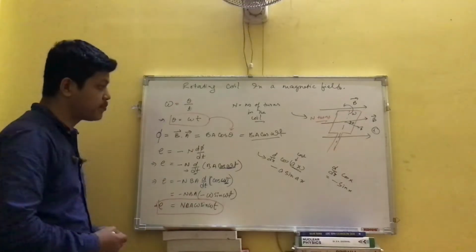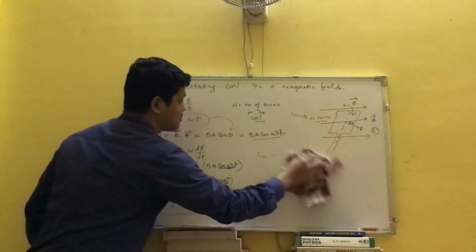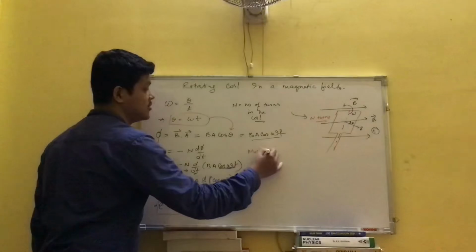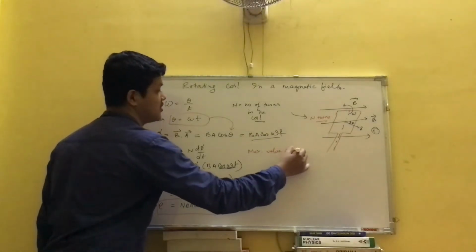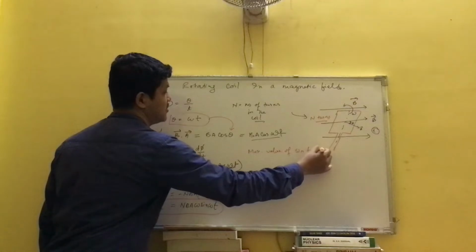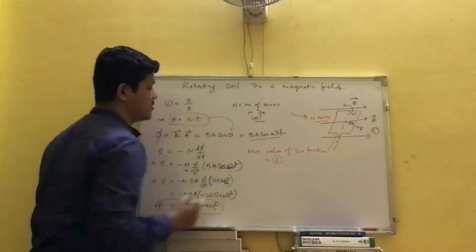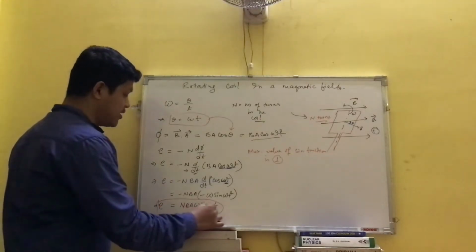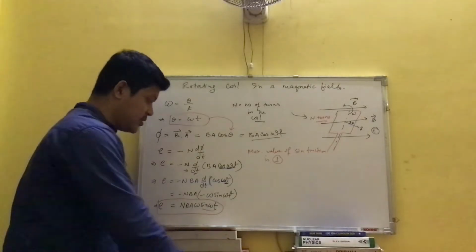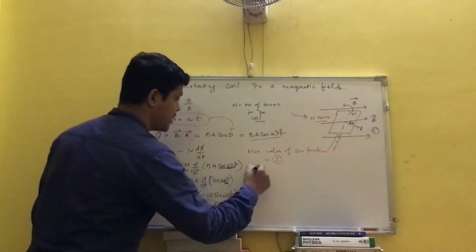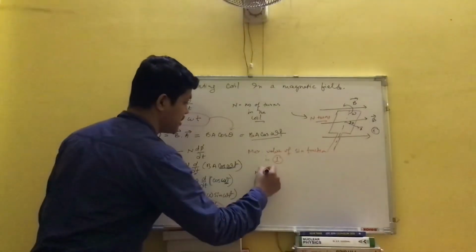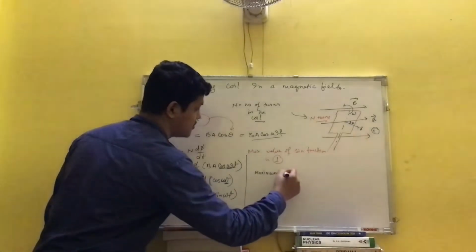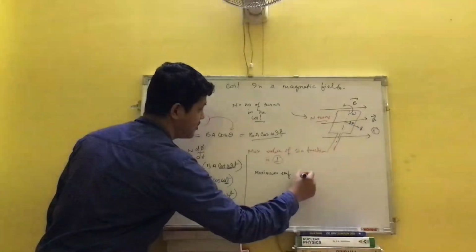Now let me clean this part. We know that the maximum value of the sine function is plus 1. Therefore this EMF will be maximum if sin omega t is 1. Let the maximum EMF be denoted by E naught.